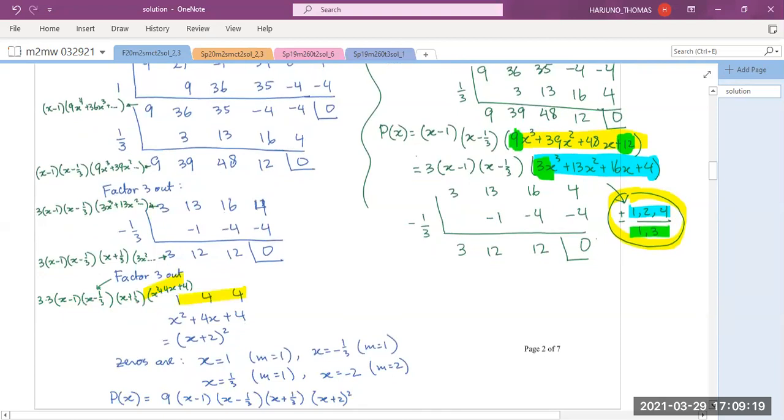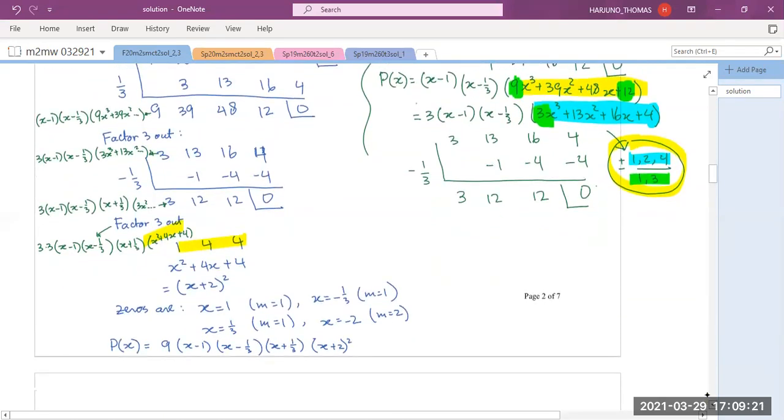Now when you factor that x squared plus 4x plus 4, this becomes this. But what we had earlier here becomes here. You see?